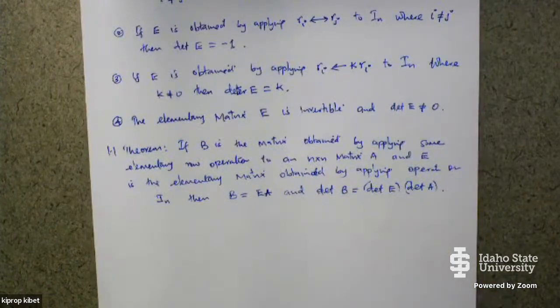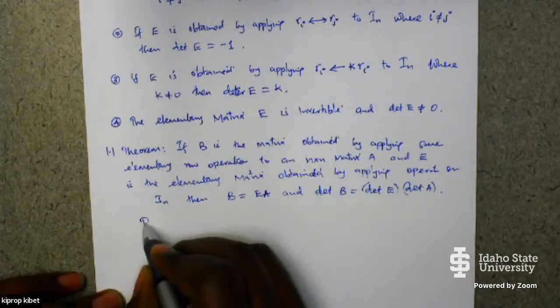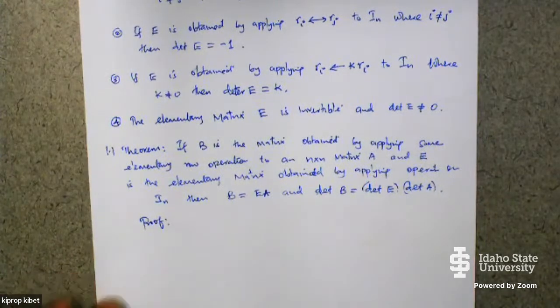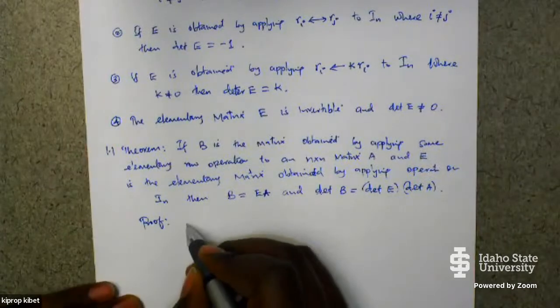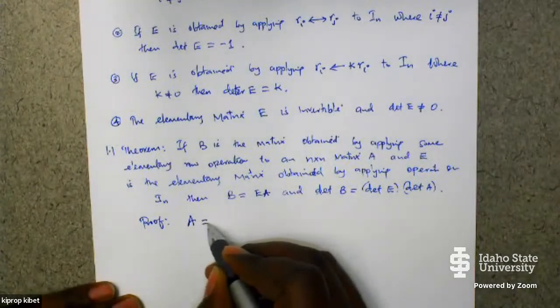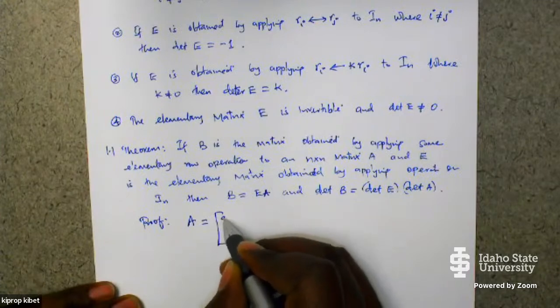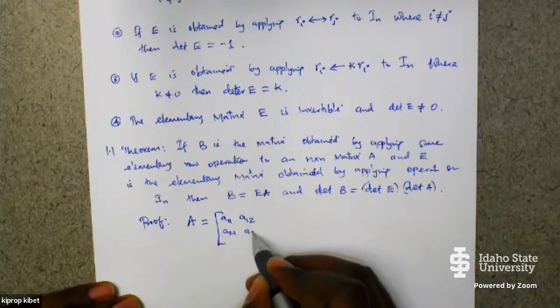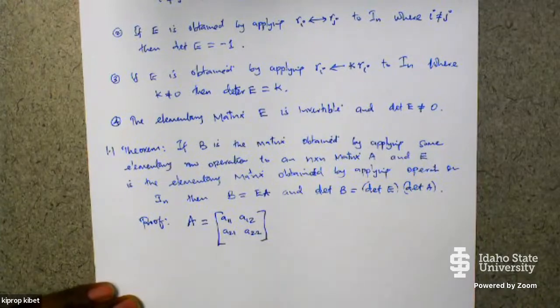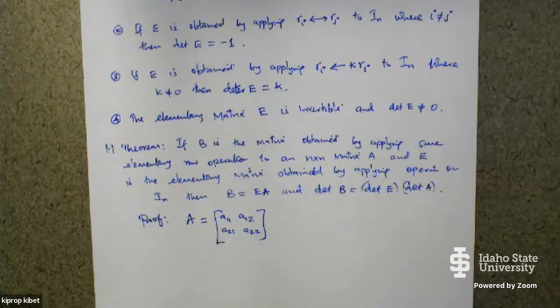Okay, let's look at the proof on how we get into this. If we consider A to be a 2 by 2 matrix, which is A11, A12, A21, A22. Consider that A to be that.